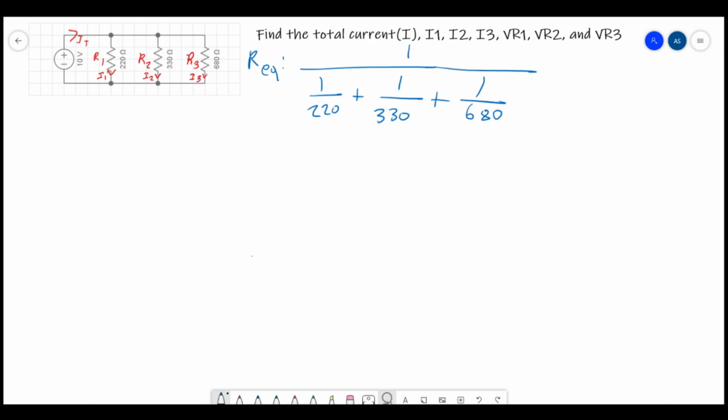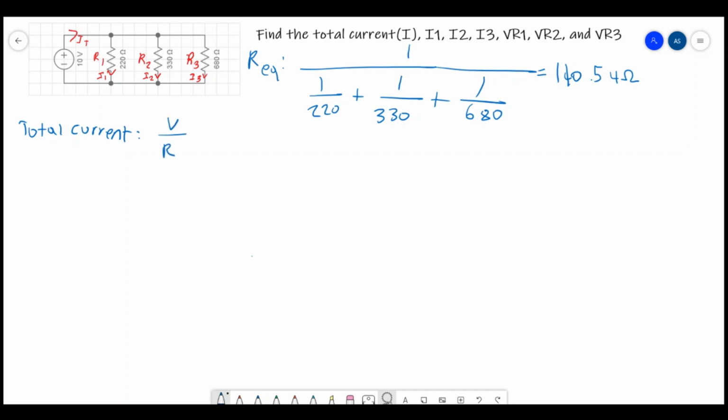Now if we simplify this, we'll get 110.54 ohms. Okay, now using this we can find the total current as asked in the problem. To find the total current, we'll do voltage divided by resistance.